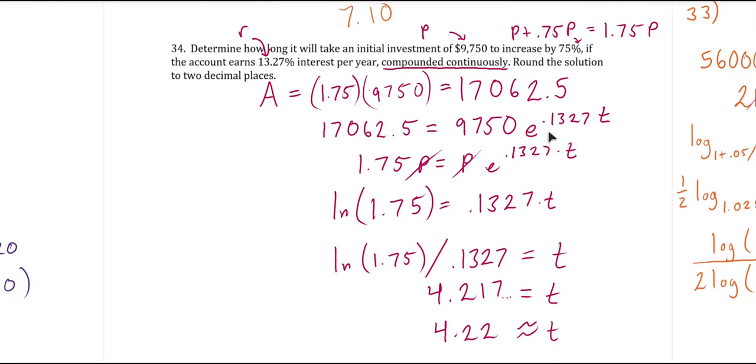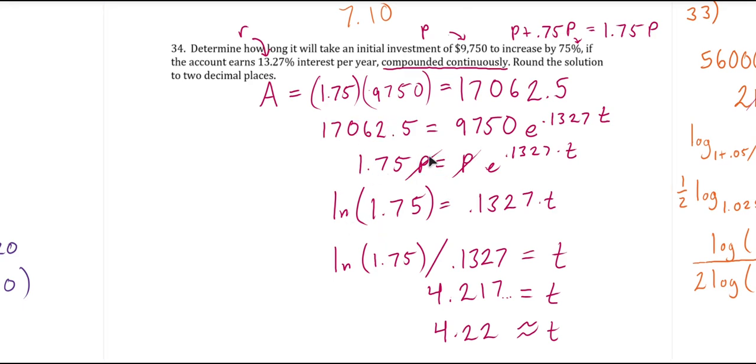So for this one, we're going to want to use the compound interest formula. I just wanted to note again that even if you did want to compute the A term here of 17,062.5, it's really not necessary, because what we want to know is that we've increased by a factor of 1.75. So that cancels the p's, and really it's 1.75 that we were trying to get to in the first place.